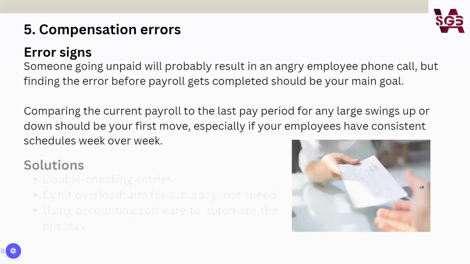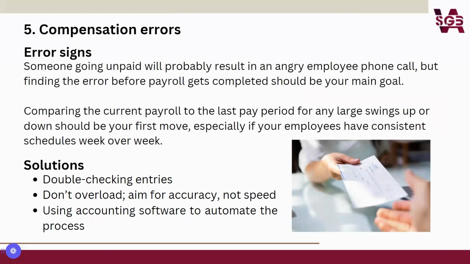Fifth is compensation errors. As the name suggests, it relates to the compensation of the employees. This usually happens when, let's say, an employee calls and asks if there's any problem, or why their salary is not the usual amount, or when they calculated their salary, it's underpaid.